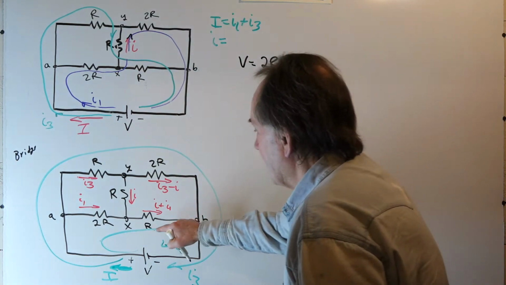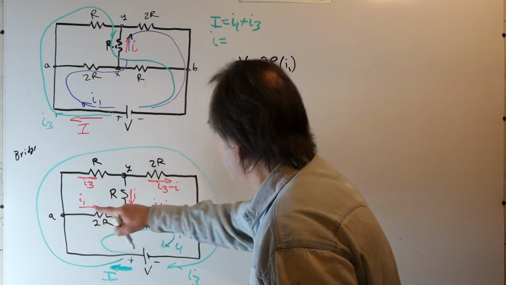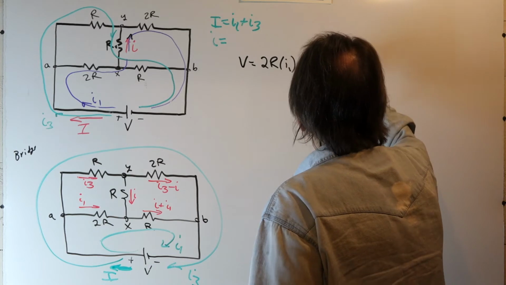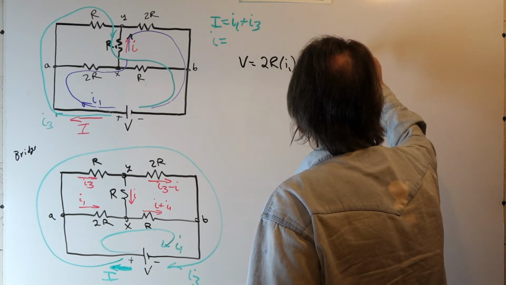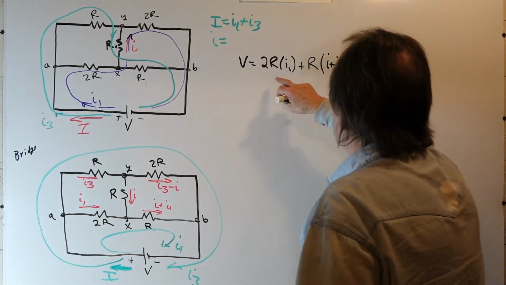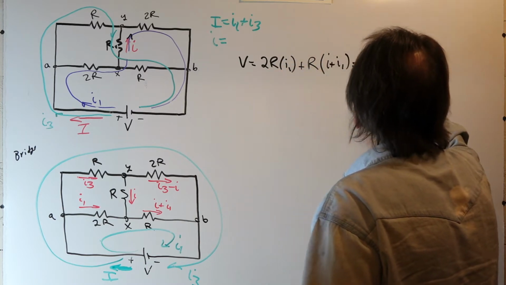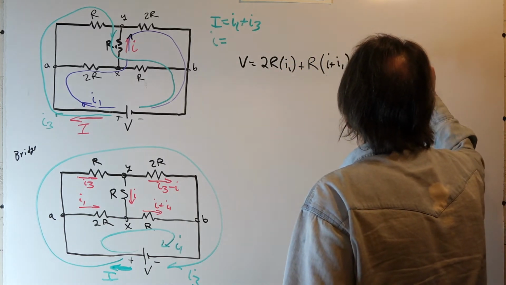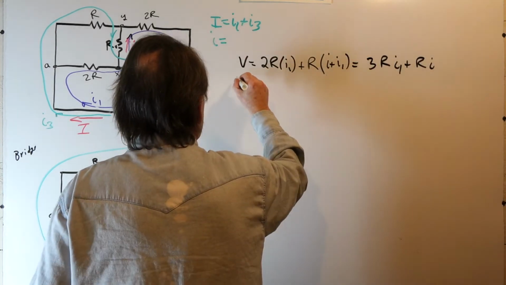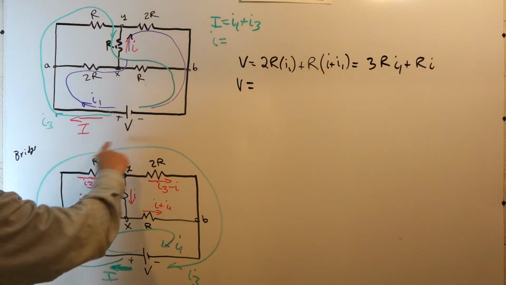So now, again, summing the voltages around this loop, V is equal to 2R times I1 plus R times I plus I1. Gathering like terms here, we can write this as 2RI1 plus RI1, or 3RI1 plus RI. And this is also equal to the voltage around the outer loop.